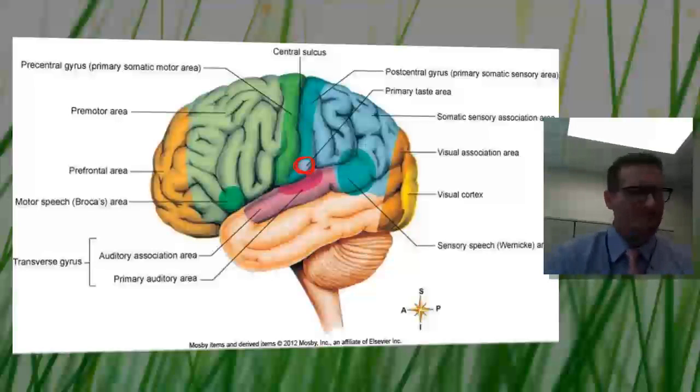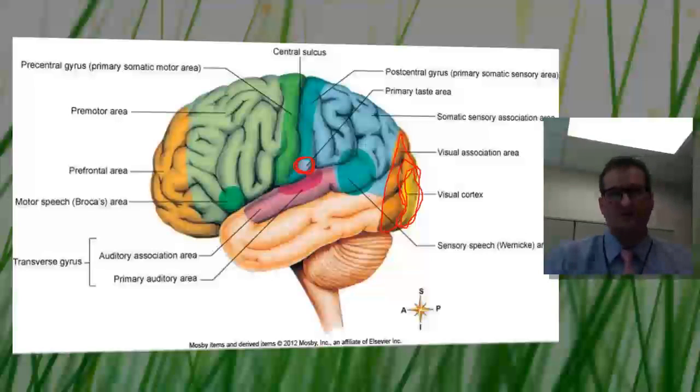Number 2 is the primary visual cortex. So this is vision. It's responsible for sight. It governs the recognition of size, color, light, motion, and dimension. The visual association area, which extends out here in the orange, interprets the information acquired through the primary visual cortex and allows us to recognize familiar objects.